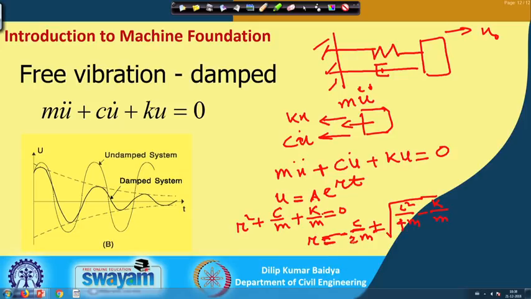Now, because of the combination of these two values, I can get three different cases. If c over 2m is greater than the square root of k over m, that is over damped. If c over 2m is equal to it, that is critically damped.